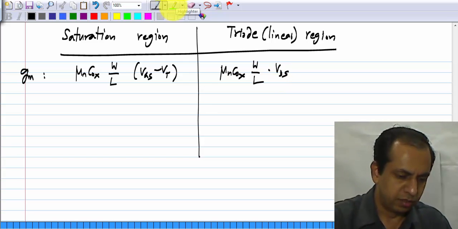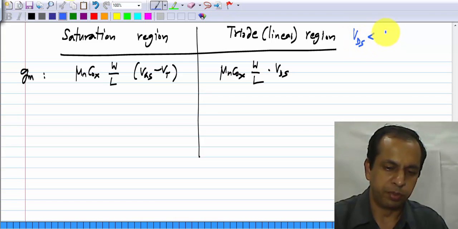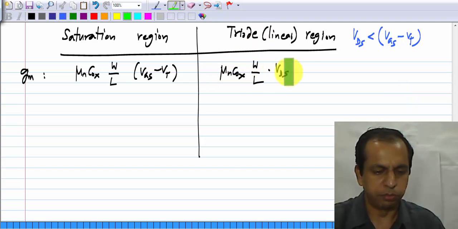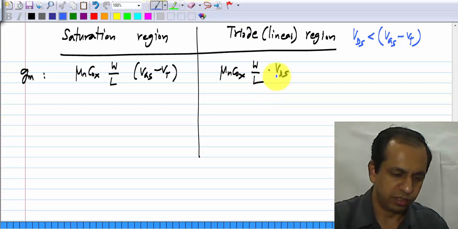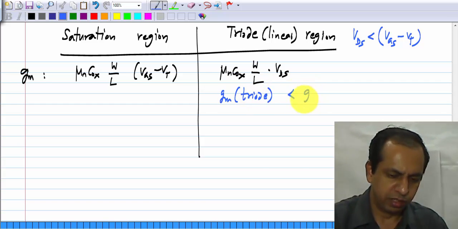And we know that the triode region is defined by VDS being smaller than VGS minus VT. So, it is very obvious that any GM that you get in triode region is going to be smaller than in saturation region. Okay. So, GM in triode will be less than the GM in saturation region.